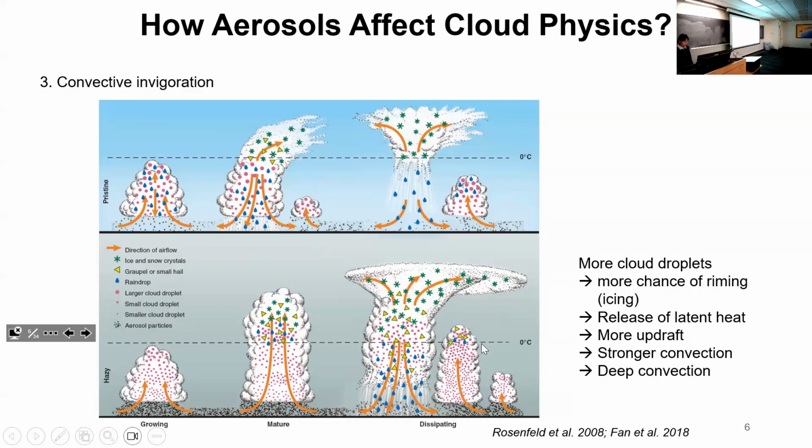More cloud droplets could provide more chance of riming, which is icing. Icing can contribute to the release of latent heat, which results in more updraft, meaning stronger convection and deeper convective cloud. This is convective invigoration.